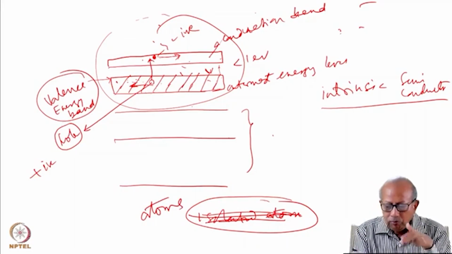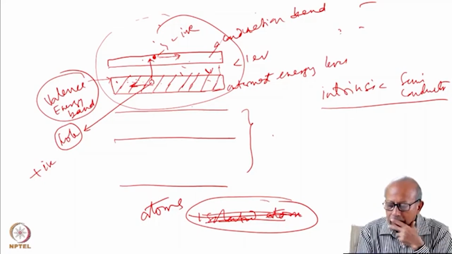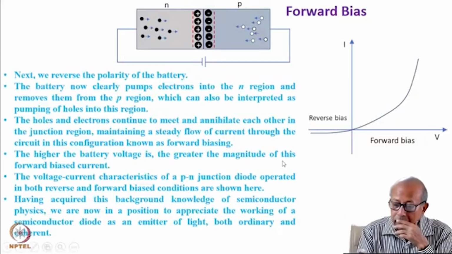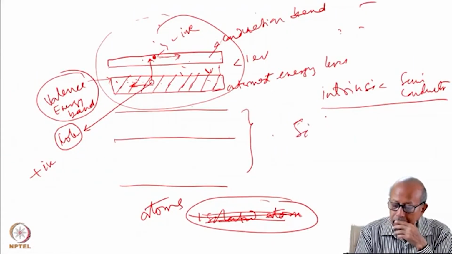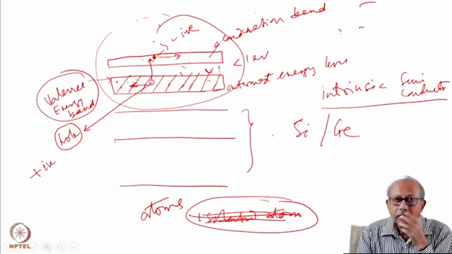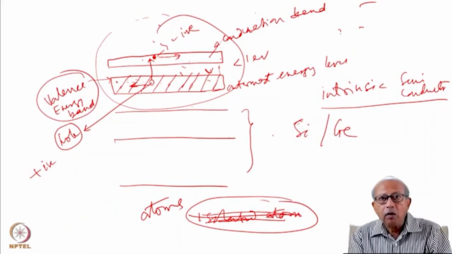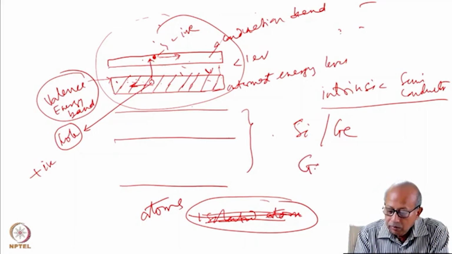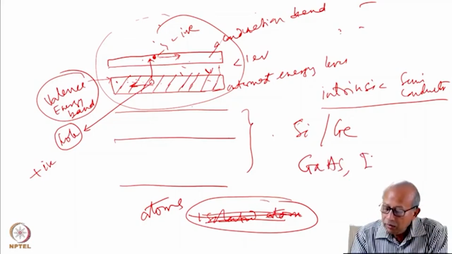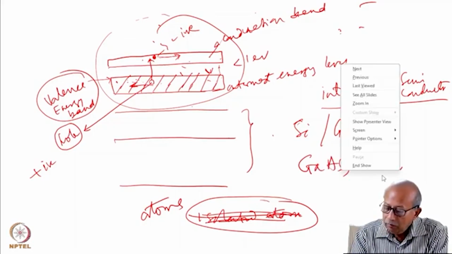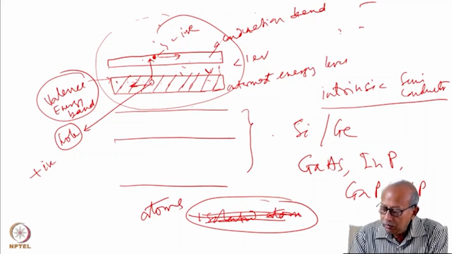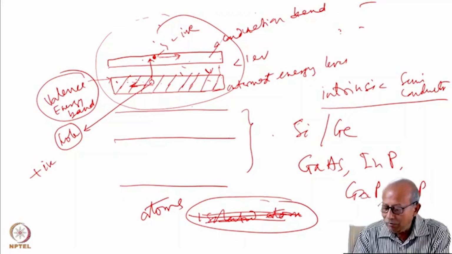The two most popular elemental semiconductors are silicon and germanium. And some common examples of compound semiconductors are gallium arsenide, indium phosphide, gallium phosphide, aluminum phosphide, and many more.